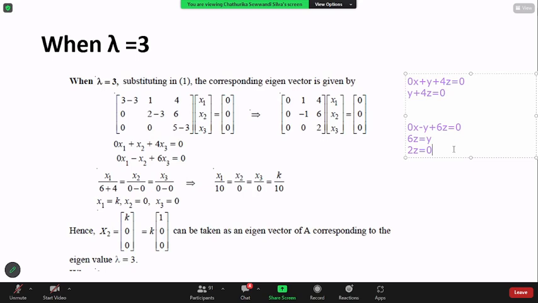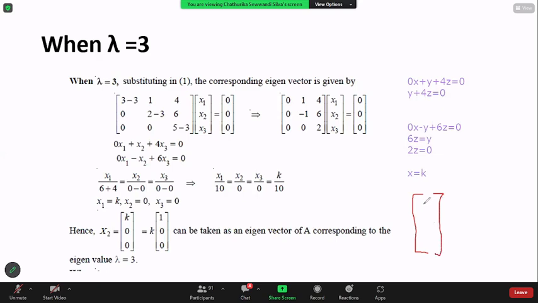So what do we do? We'll say x is equal to k. So what is the column matrix? What is the column vector?